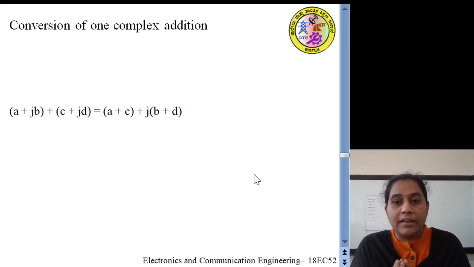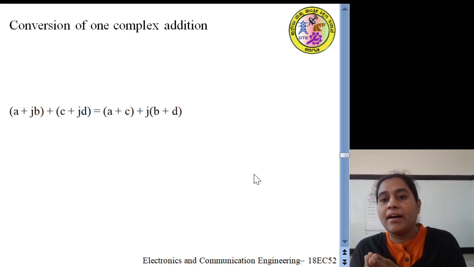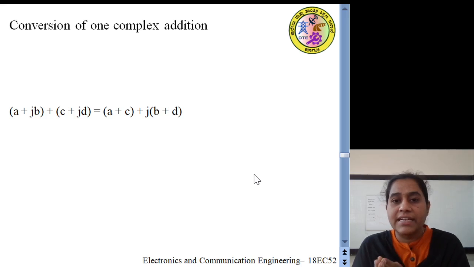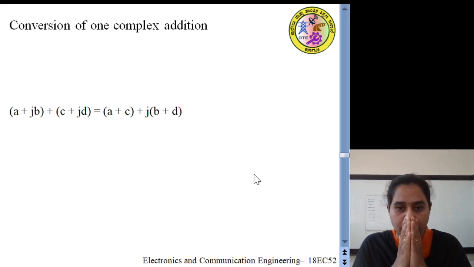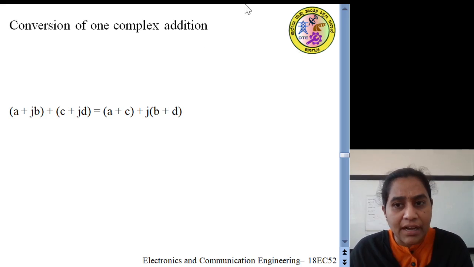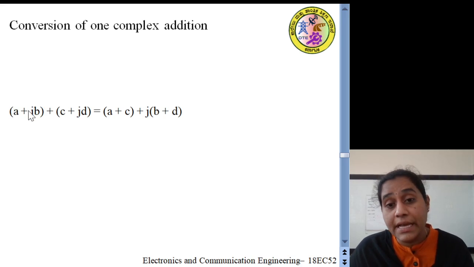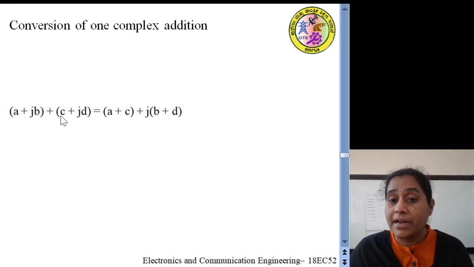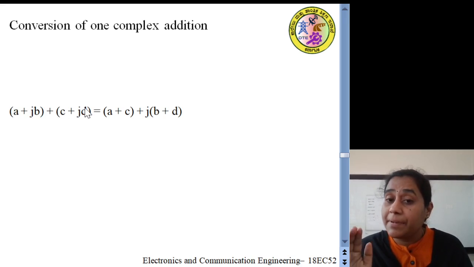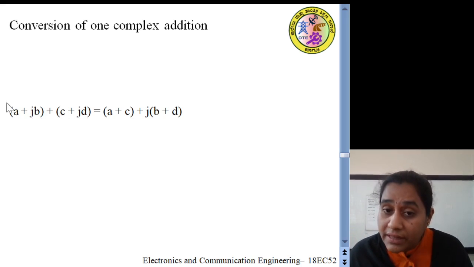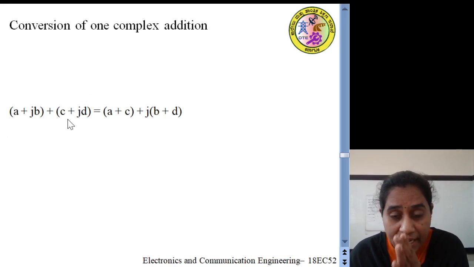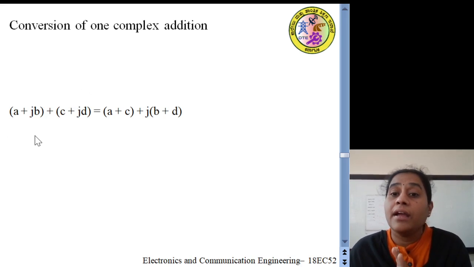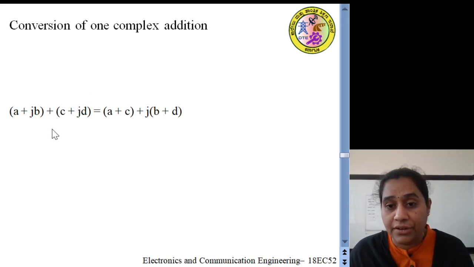So now let's consider the conversion of one complex addition. One complex addition involves addition of two complex numbers. So a plus jb represents one complex number. Similarly, c plus jd represents another complex number. So the left hand side represents one complex addition.